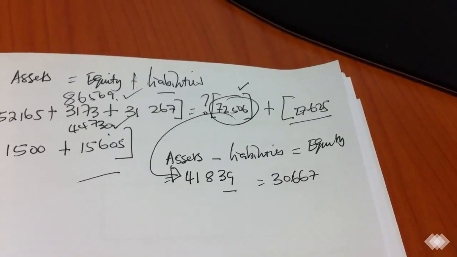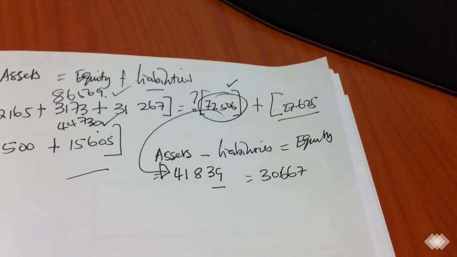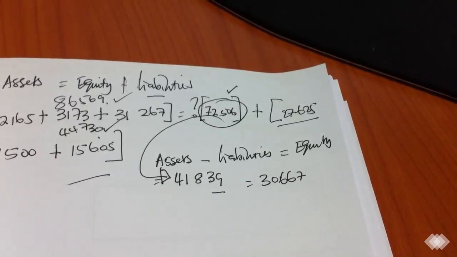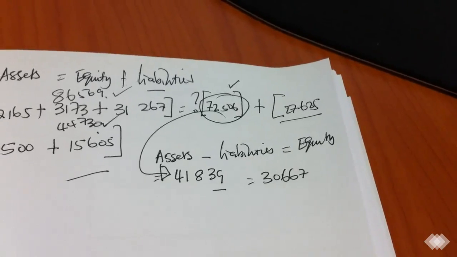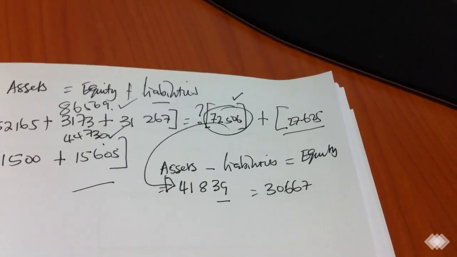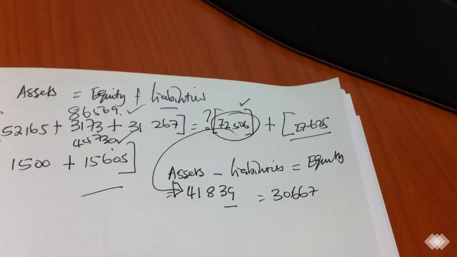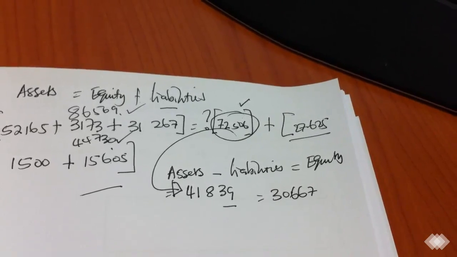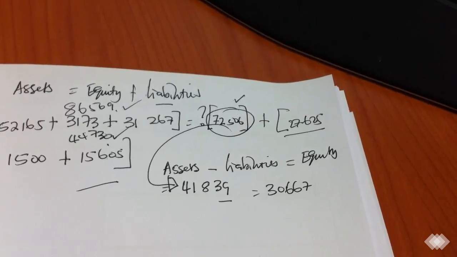Therefore, how much? Of how much is 3667, but maybe my additions were wrong, say. Because there is no answer like that. Let's start again. 27625 plus 1500 plus 15605.